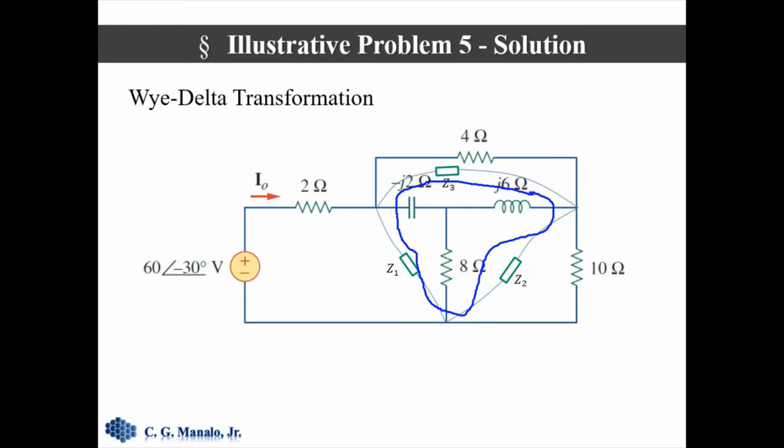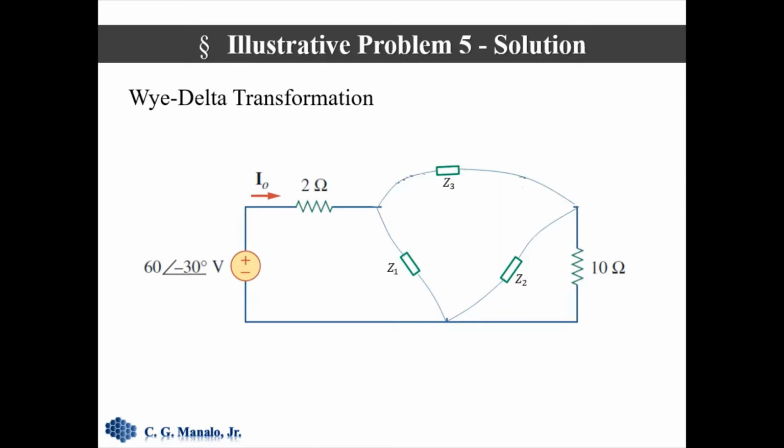And once we get those values, we can replace the Y network, and that should be the resulting network. So now this is parallel, which is in series with this, and the combination is in parallel with that. So we could again easily solve for I sub 0.